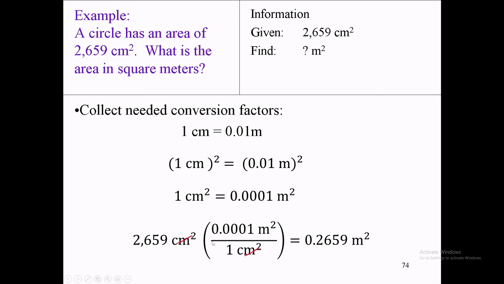We'll perform this operation that is essentially multiplying by 0.0001, which means we're going to move the decimal place over 4 places, and we get that this is equal to 0.2659 square meters. So this is a way of taking a conversion factor that we know and deriving a relationship from it.